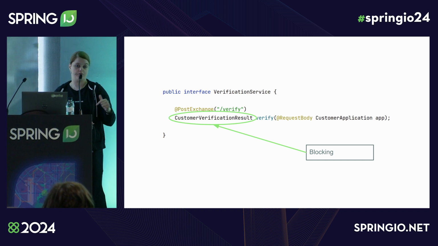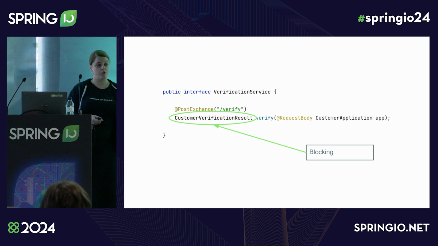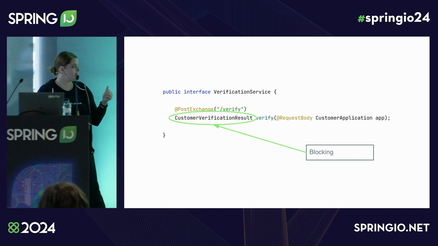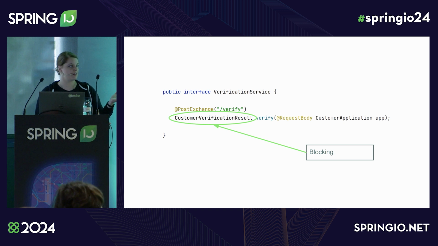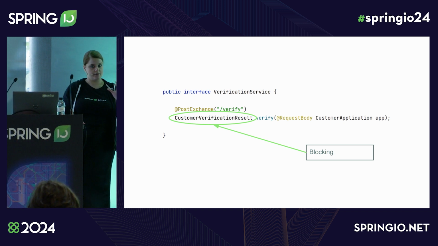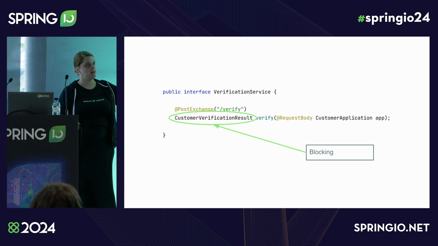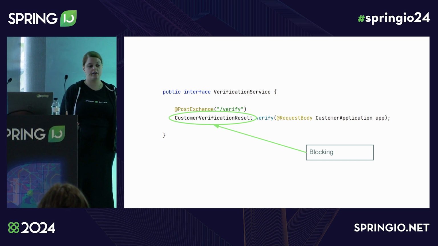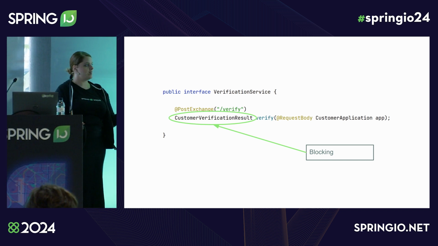Somewhere it has to be blocked for us to return it. So what we do is actually call a block underneath. And you need to keep in mind that there are some scenarios where this may make sense, but mostly if you are working on reactive stuff, it will not make sense. And even if you will try, for example, to call that in a controller, you will get an exception because you cannot be blocking in that thread.